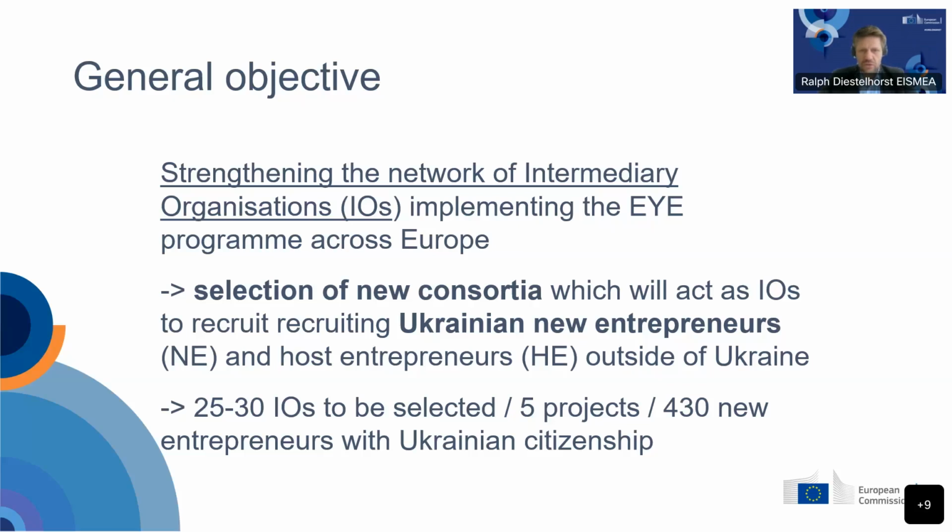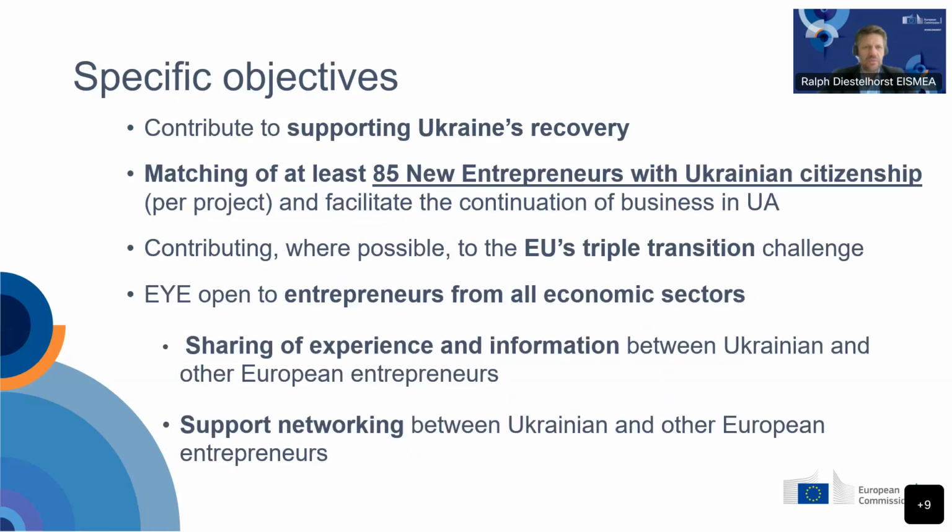These transnational consortia, for which we have precise conditions set out in the call, will be requested to match a total number of minimum 430 new entrepreneurs with Ukrainian citizenship. And this is the big novelty. And then we can move to the next slide.